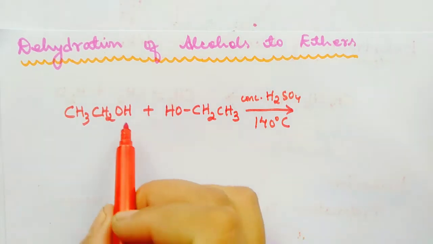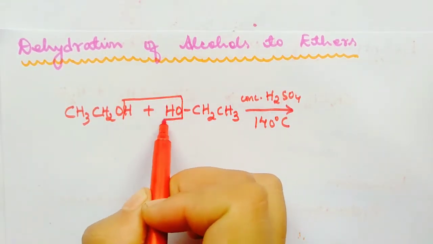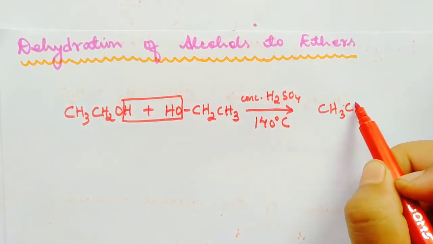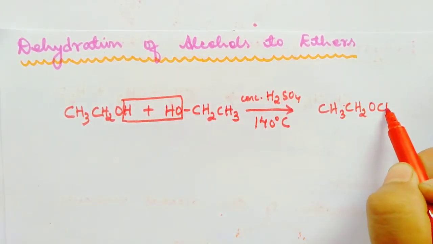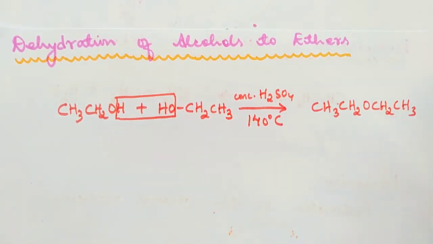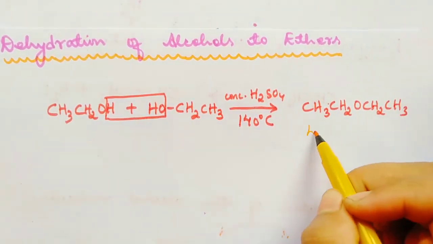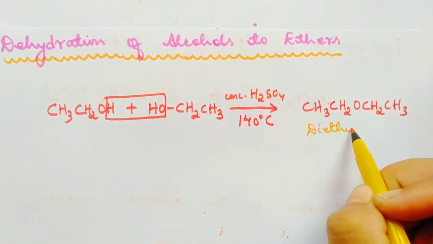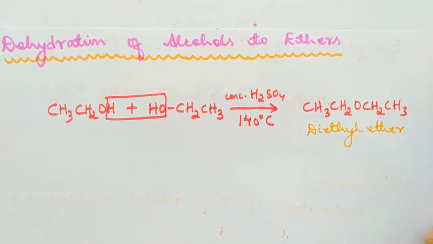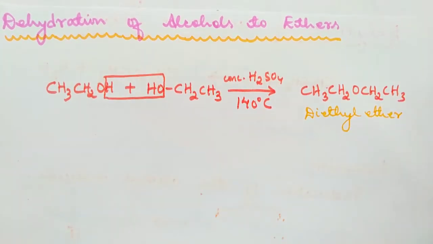So what do we have? We get a diethyl ether. What is this? This is diethyl ether. Okay, let's start with the mechanism.